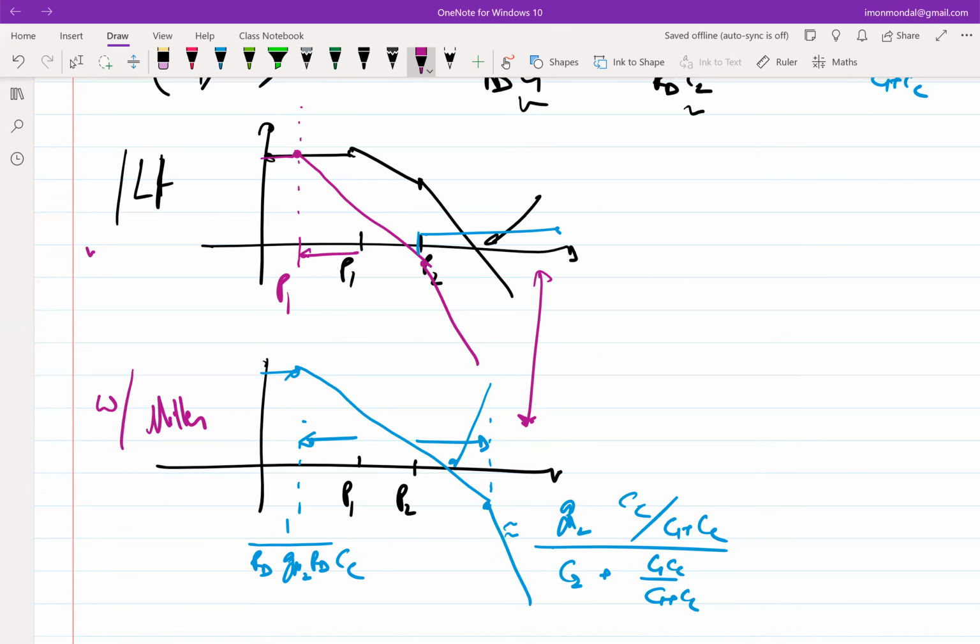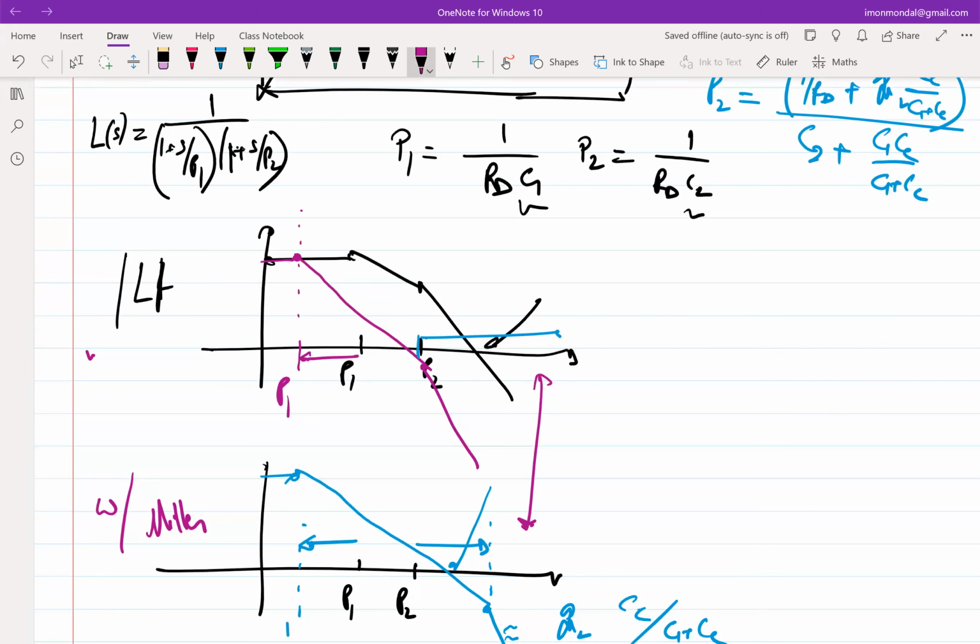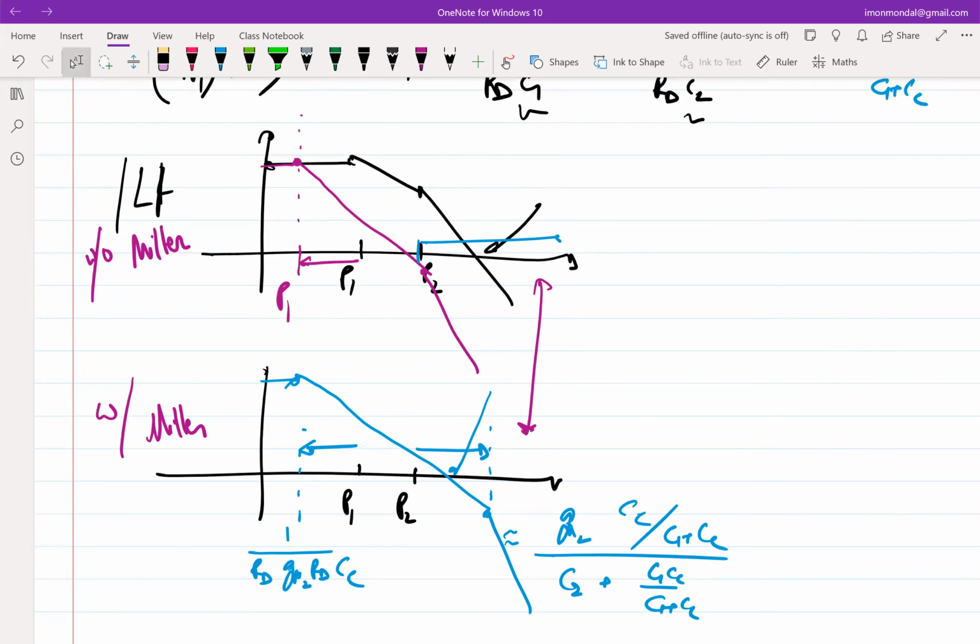This is without Miller. So between these two, for the same phase margin, where will I connect the omega u loop? Whether omega u loop will be at a higher frequency or the lower frequency? It will be a higher frequency because now P2 has shifted to higher frequency.